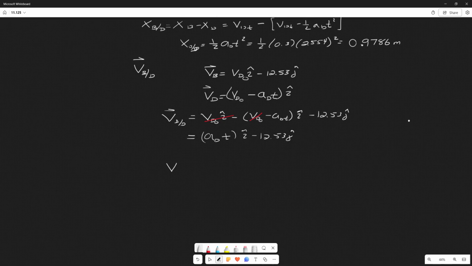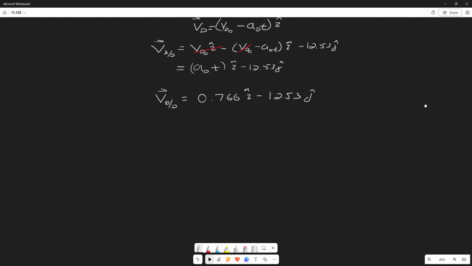So the velocity of the ball with respect to the deck at the time when the ball makes it back to the deck, we can now put in these numbers. ad is 0.3, time is 2.554, so we get that this is 0.766 i minus 12.53 j.